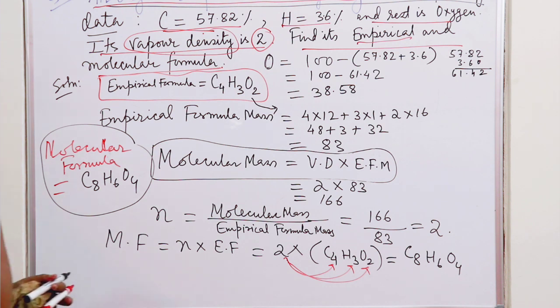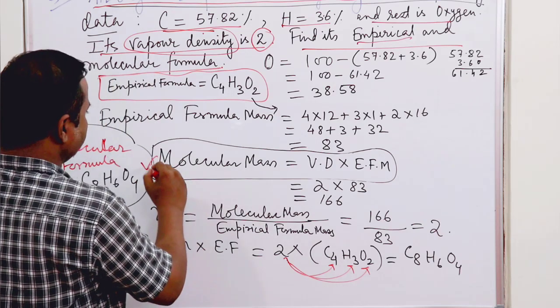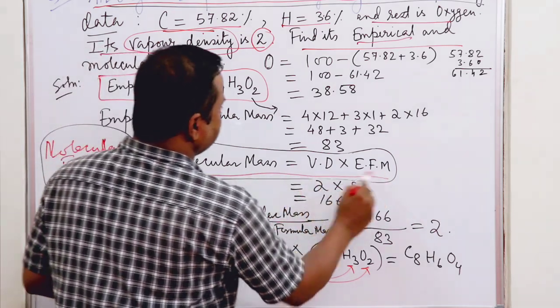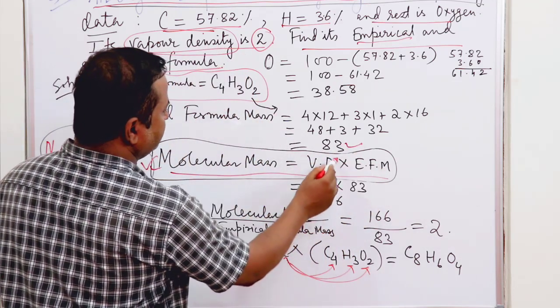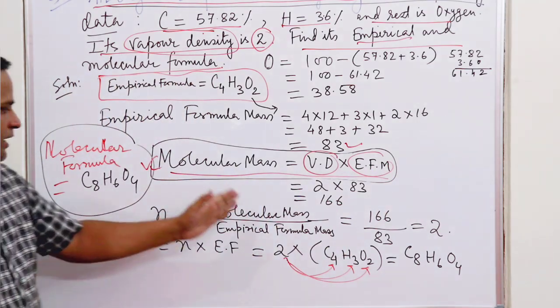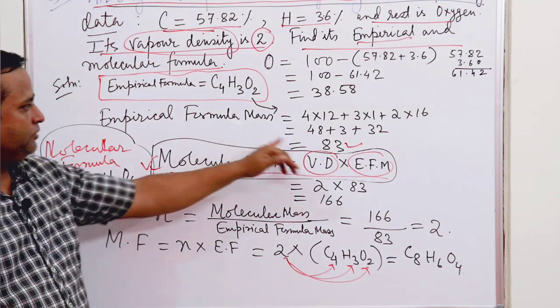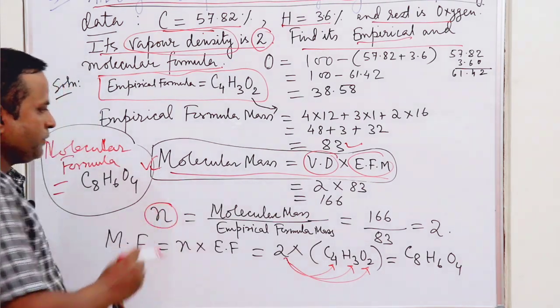Now you must remember this: if vapor density is given in your question, you multiply the empirical formula mass with the vapor density, then you get the molecular mass. You divide the molecular mass by the empirical formula mass, you get the n value.